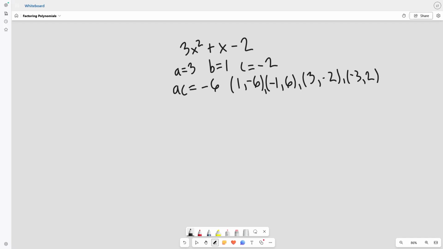So now ask yourself, which of these adds up to b? So if we look here, this adds up to -5. This would be +5. So those are crossed off. And this actually adds up to 1. So we want to use the 3 and the -2.